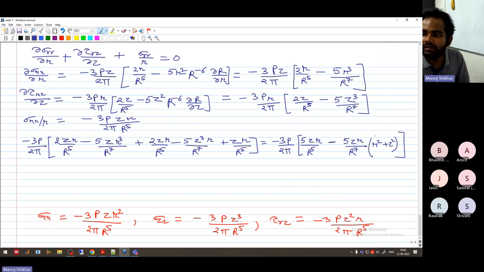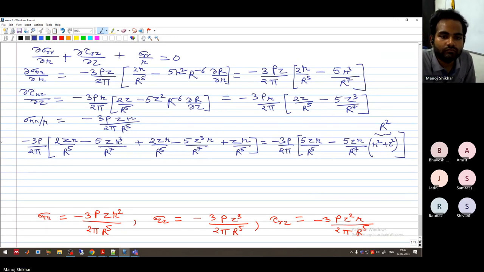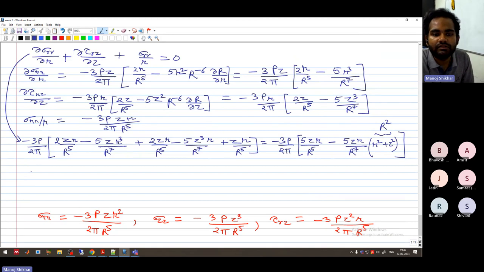Now this we can replace by capital R square. Okay. So what will happen? We have put all these three here. So this is our equation. So we are getting minus 3p by 2 pi into 5zr upon r to the power 7 minus here, sorry, r to the power 5 plus 7.